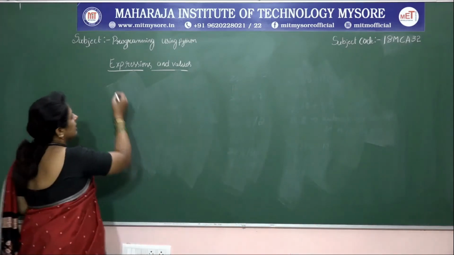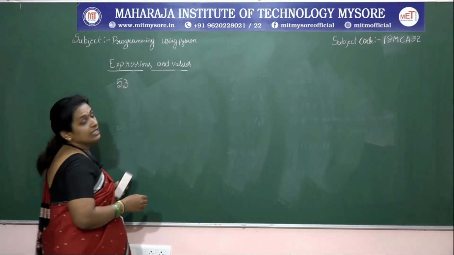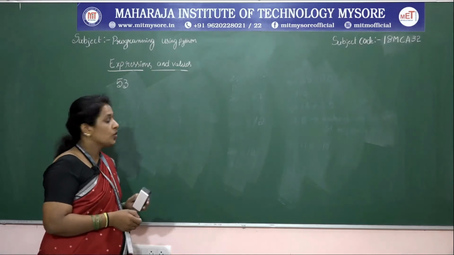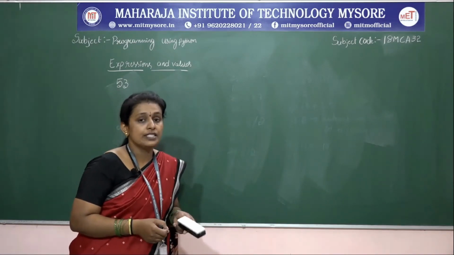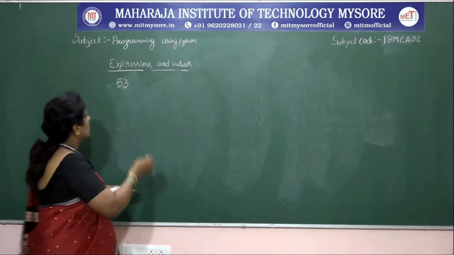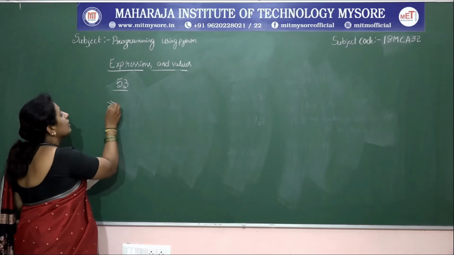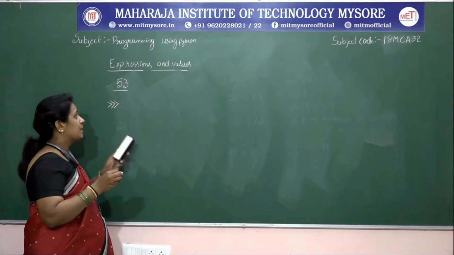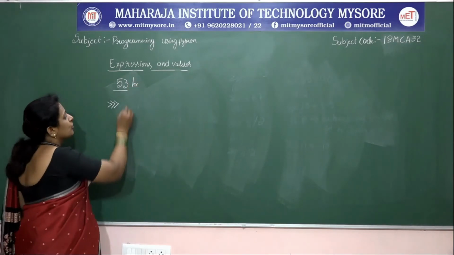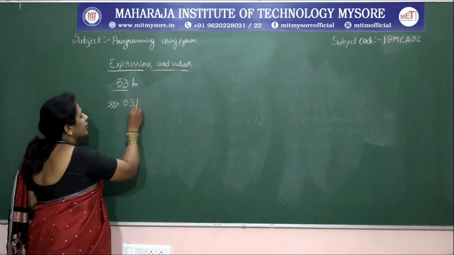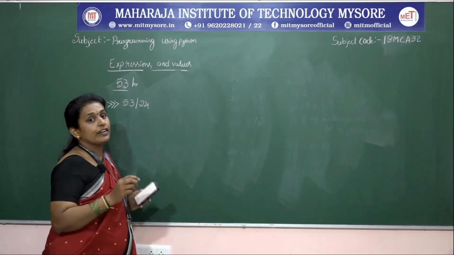So I need to calculate the number of days which is present in 53 hours. So for that I need to divide it by 24, right? So this is the given value, that is 53 hours. I need to find out the number of days which is present in 53 hours, right? So 53 divided by 24. One day consists of 24 hours.